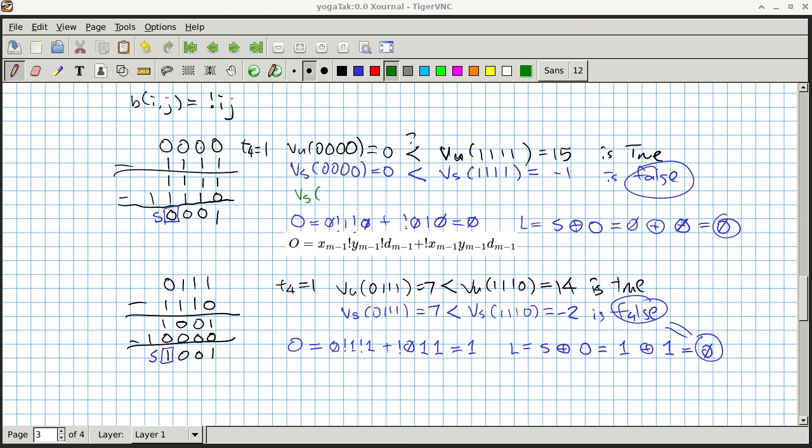So Vs of D in this case is 0, 0, 0, 1, which turns out to be 1. Okay, so now the question is, does that make sense? Does the sign of the difference make sense in this case? I don't even care about the value. I just want to look at the sign and see if it makes sense.